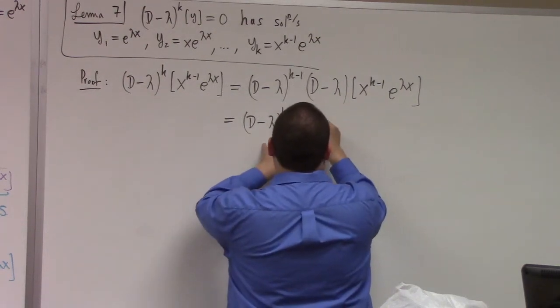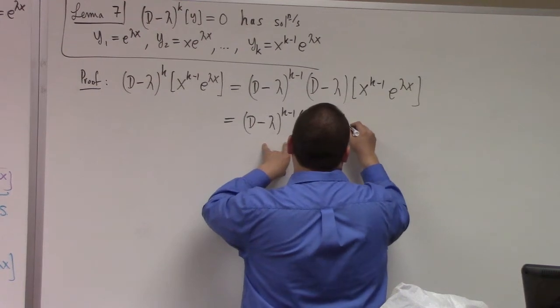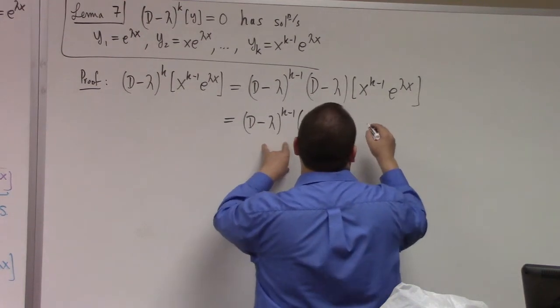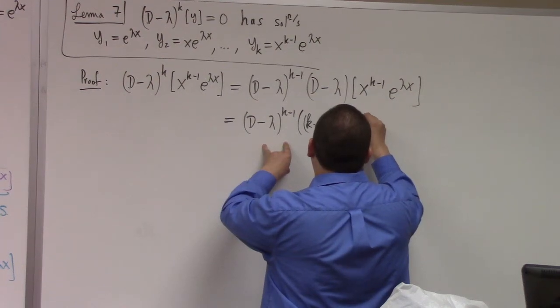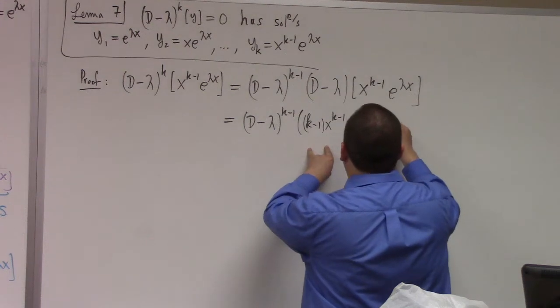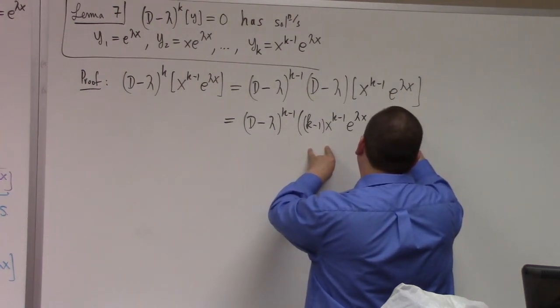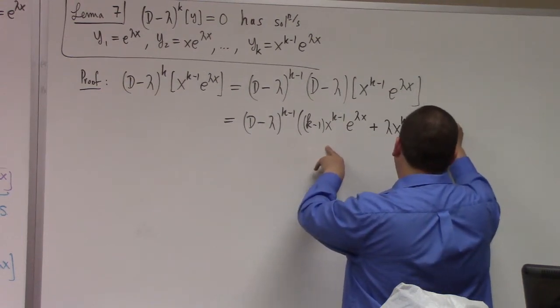Product rule gives me k minus 1, x to the k minus 2, e to the lambda x, plus lambda x to the k minus 1 e to the lambda x.